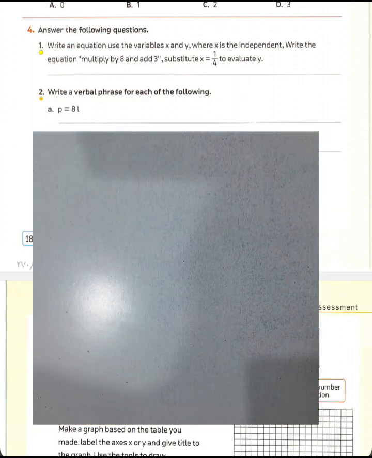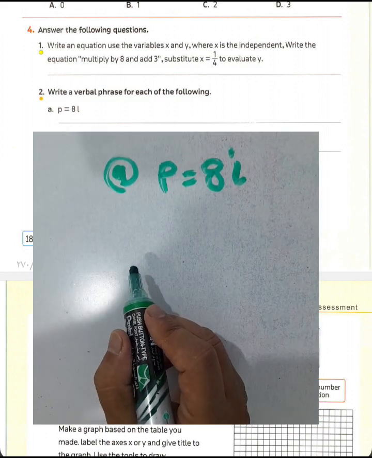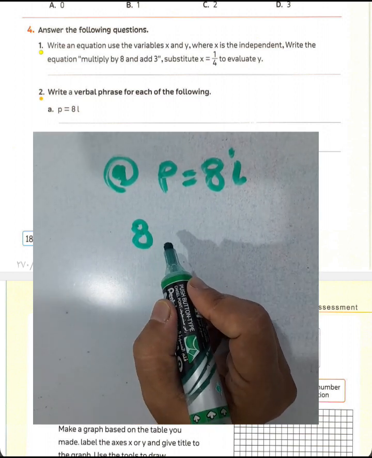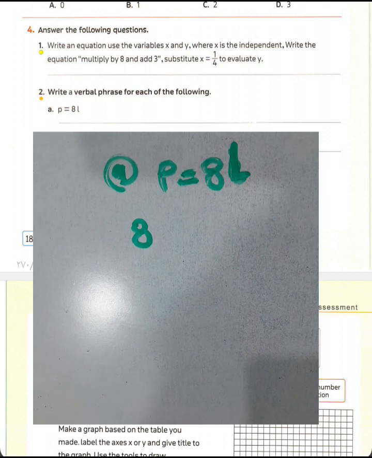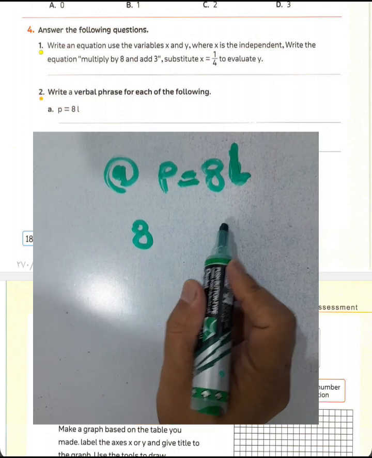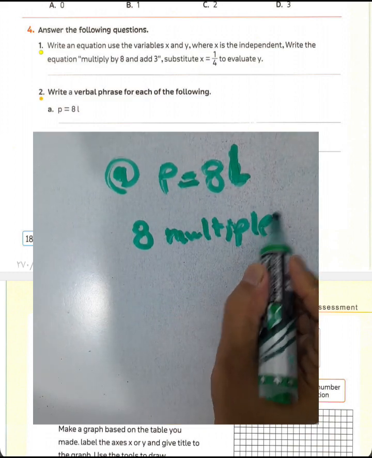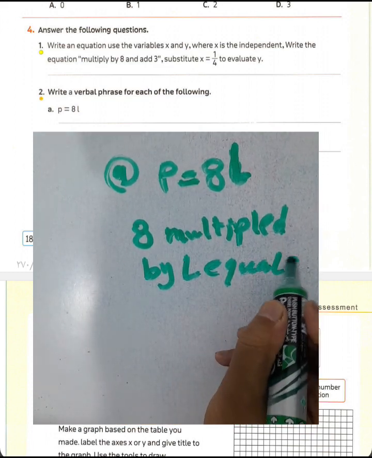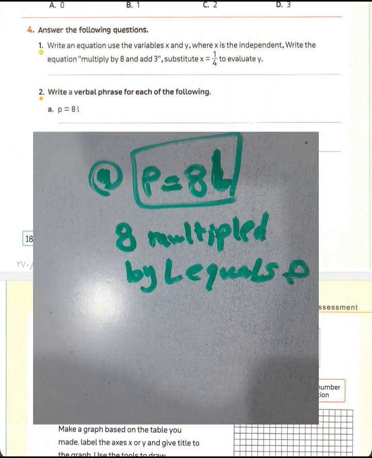Letter A: B equals 8 times L. The variables are 8 multiplied by L. B equals 8 times L, so 8 multiplied by L equals P.